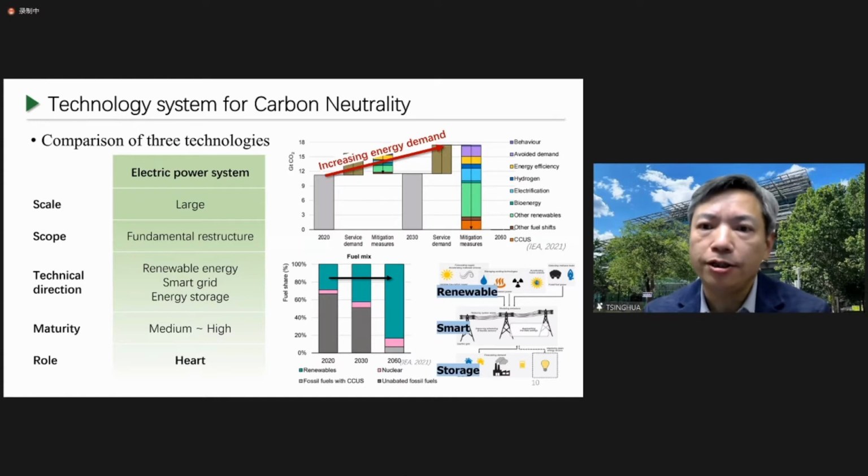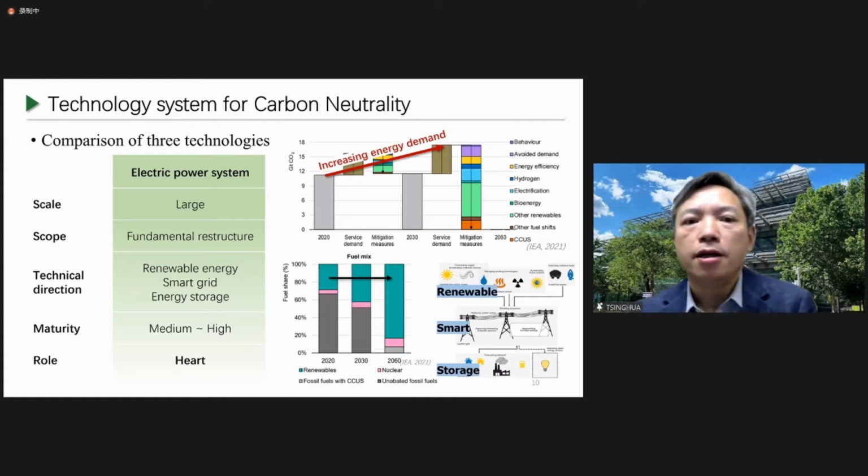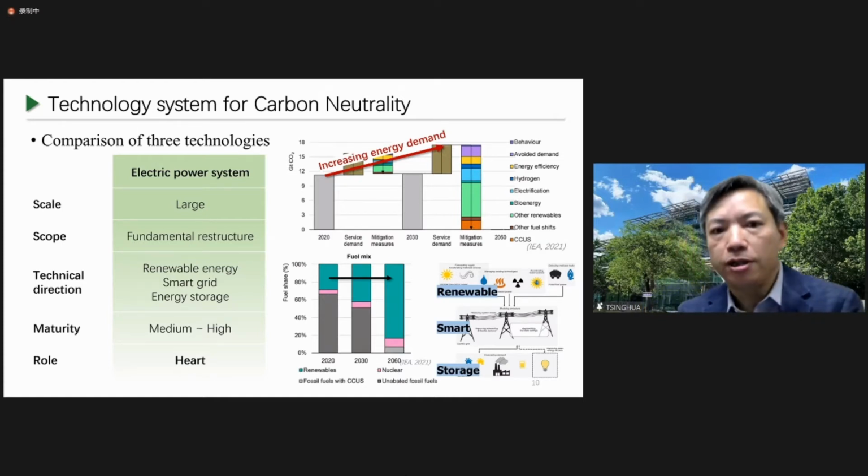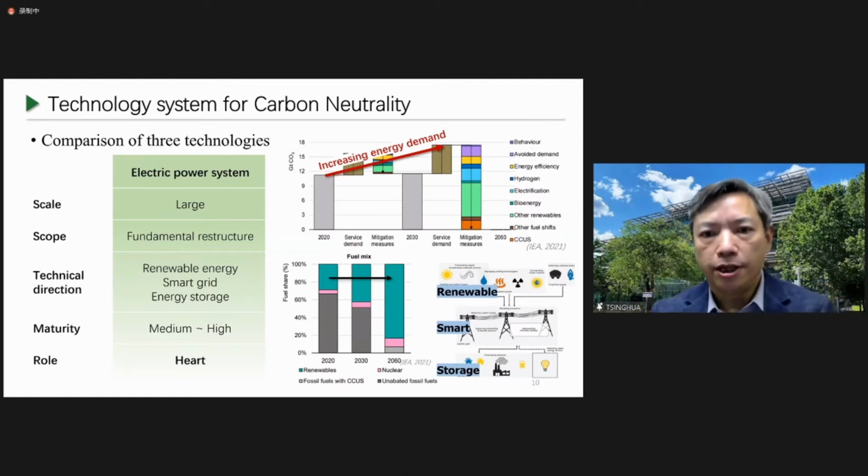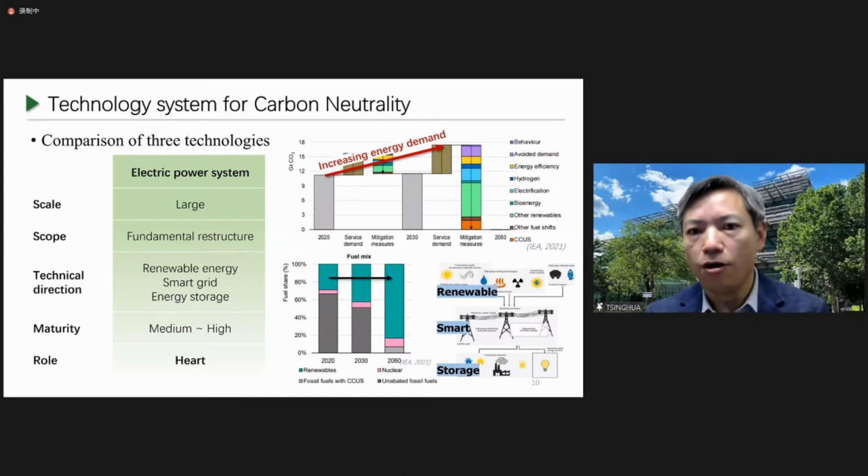Since almost all sectors need to employ zero carbon electric power, the electric system is at the heart of technology for carbon neutrality. A revolutionary shift in this system, or fundamental restructure, will be needed, mainly towards renewable energy for deep decarbonization.